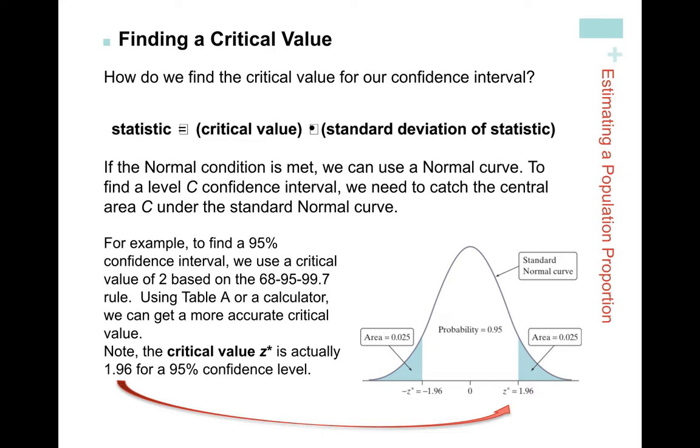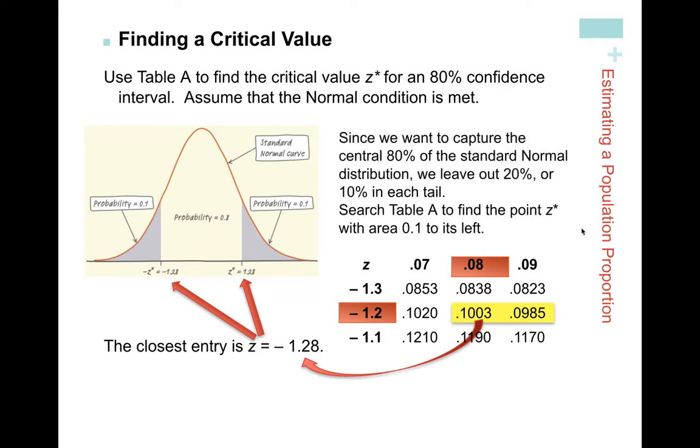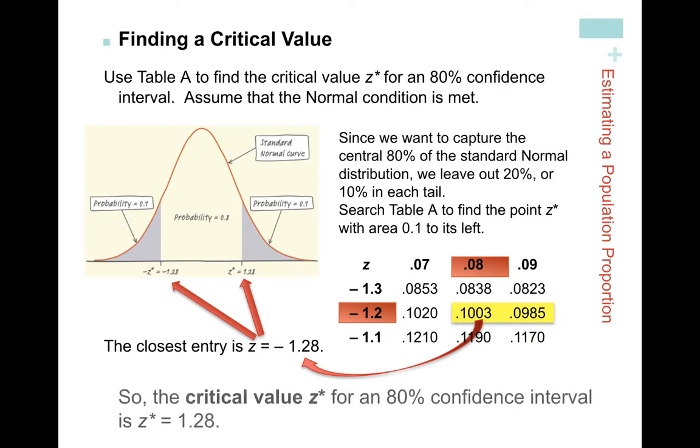So if the test tells you to construct a 78% confidence interval, or an 80% confidence interval, you would know how to use inverse norm to find the critical values, or Z stars, that correlate to whatever confidence level you're using. Okay, so let's move on. You can also use the table, but that's not much fun, so we're not going to use the table.